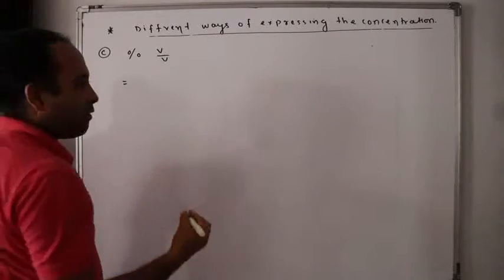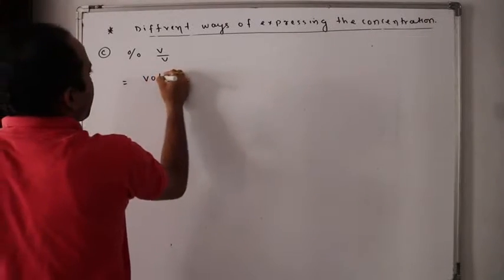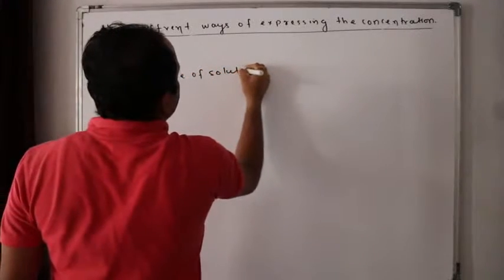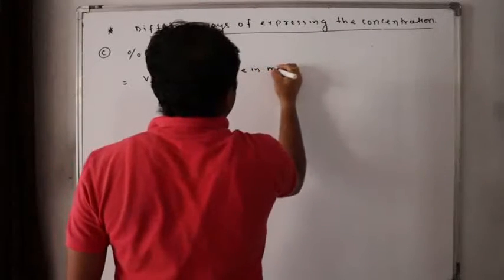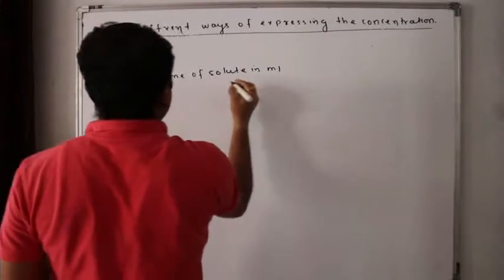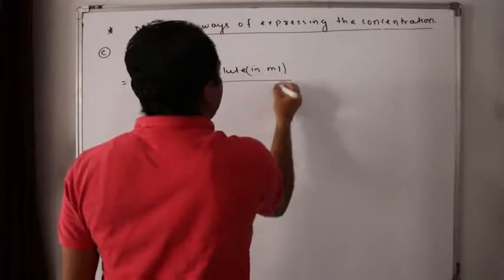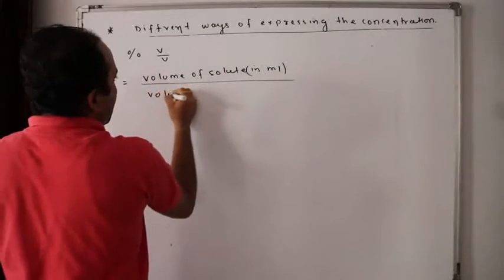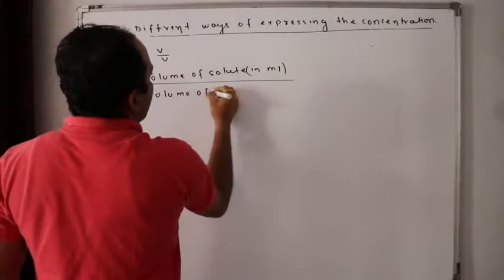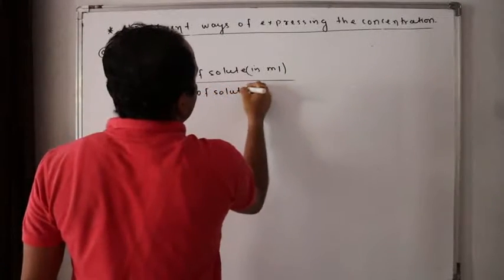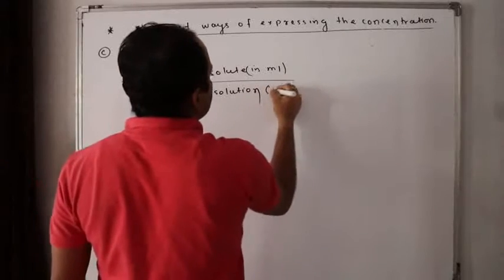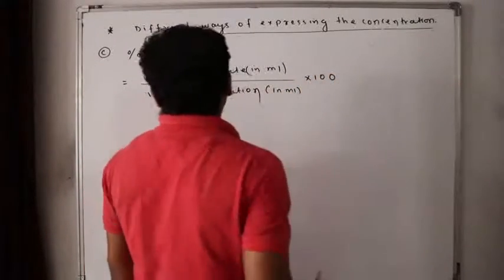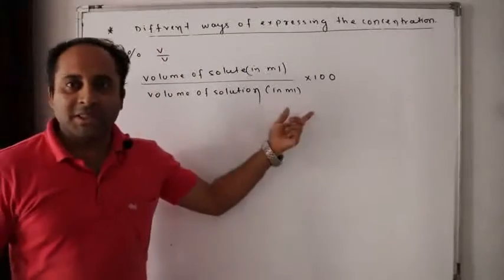It is the volume of solute in ml, remember I am using ml, divided by the volume of solution in ml, into 100. We don't find much use of this, but still it is there.